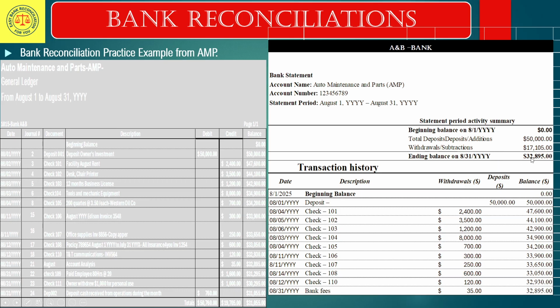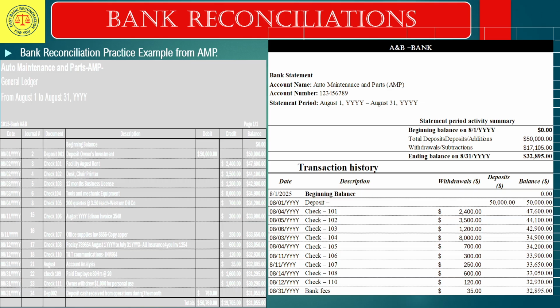In this case, it's 32,895. So in the bank it's 32,895, but here in our books it's 31,055. So we have to find out the amounts that create this discrepancy.